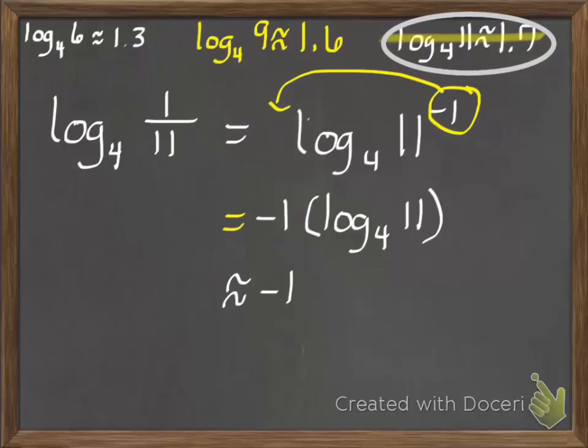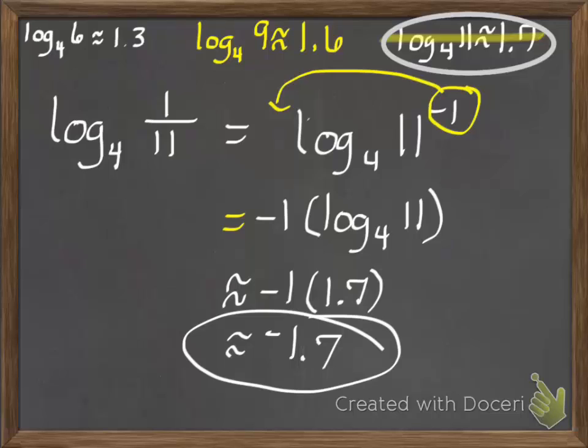So what number is that approximately equal to? Log base 4 of 11 is 1.7. So I can use that to help me evaluate, and that means that answer is negative 1.7. And that's it. The hard part is trying to figure out how did they use that number to help create it.